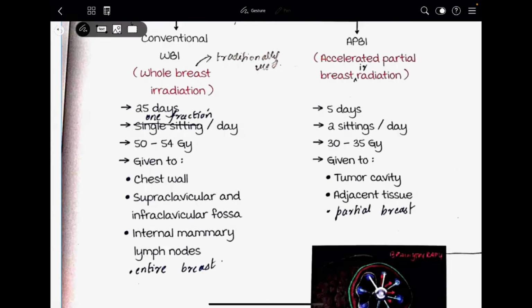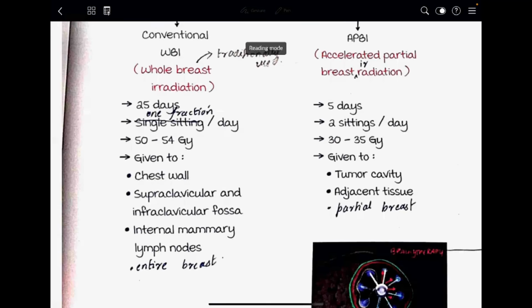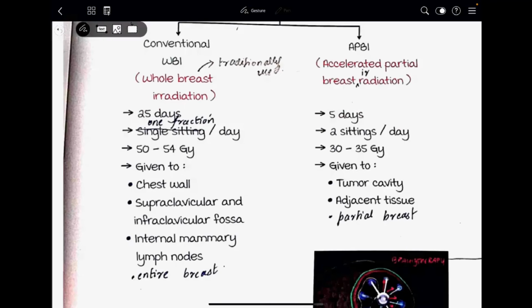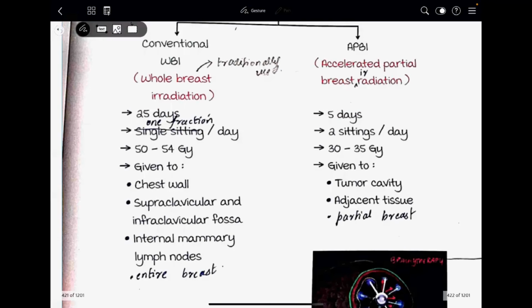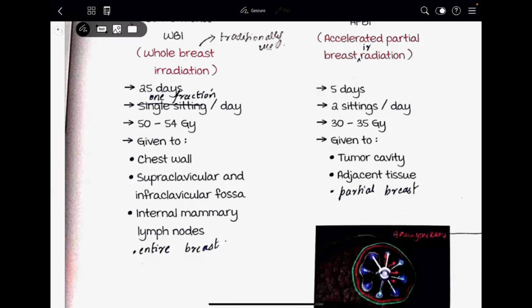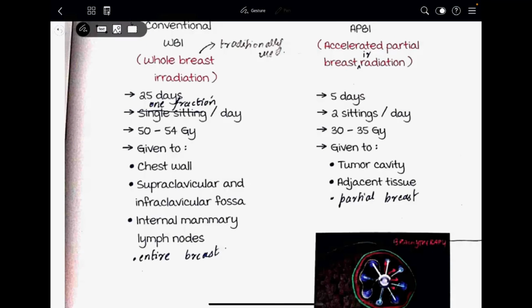Do it for 25 days, and just a single sitting in a day. 1 fraction per day. Dosage 50 to 54 grays given to chest wall, supraclavicular fossa, infraclavicular fossa, internal mammary lymph nodes, just the entire breast. That's why the name, whole breast irradiation.